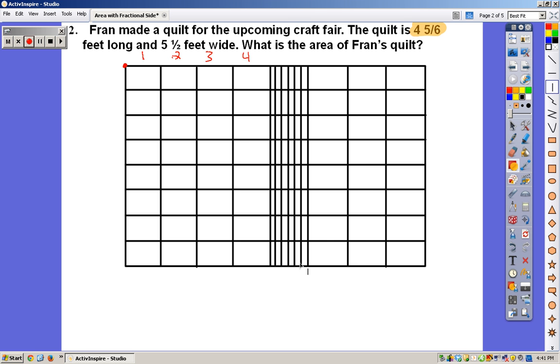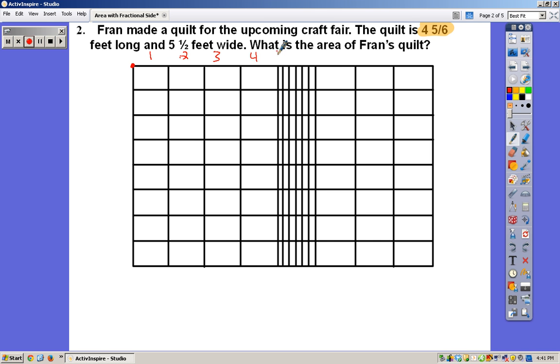So this is 1/6, 2/6, 3/6, 4/6, 5/6, and 6/6. Well, we have to go 4 and 5/6. So 1, 2, 3, 4, then 1/6, 2/6, 3/6, 4/6, 5/6. So we're going to stop right here.